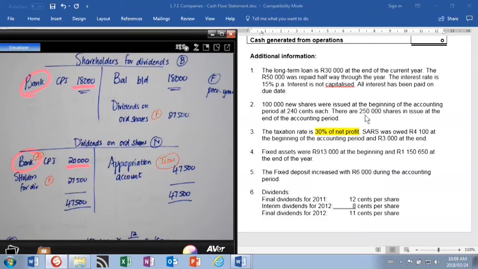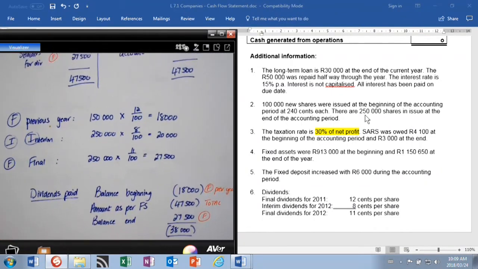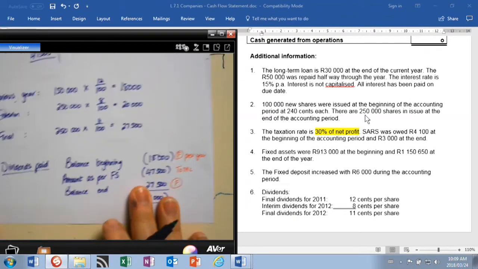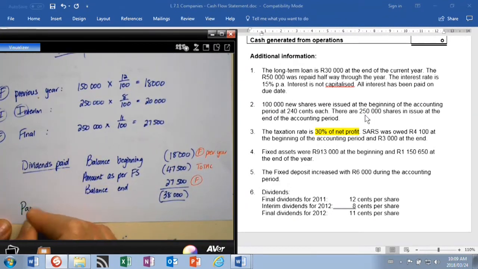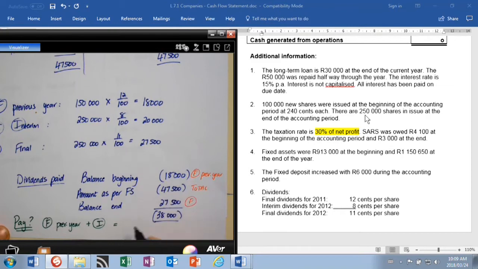Of all the dividends, what did we pay? We paid the final dividend of the previous year, the 18,000, plus the interim dividend of this year, 20,000, and we paid 38,000 rand during the year.